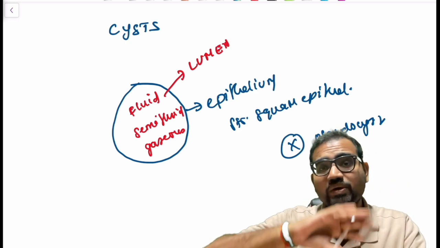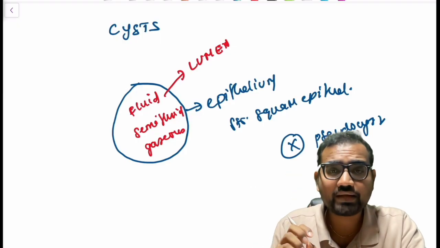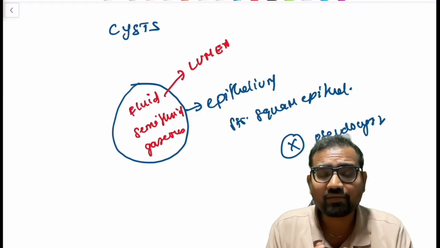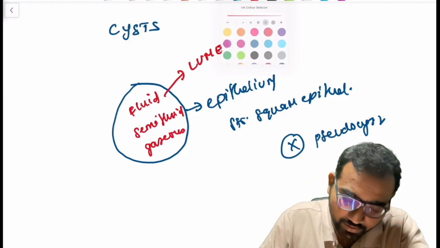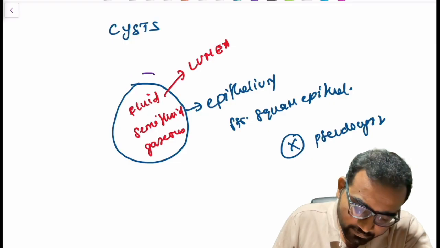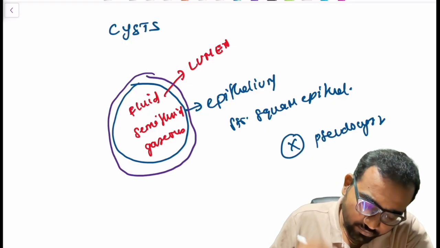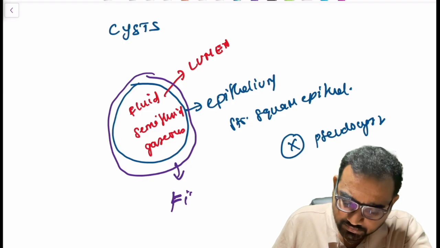A cyst will have an epithelium, a cyst will have the lumen. Now, it will also have an outer covering which is called as fibrous capsule. So apart from the central lumen and the epithelium, it will also have an outer structure called fibrous capsule.